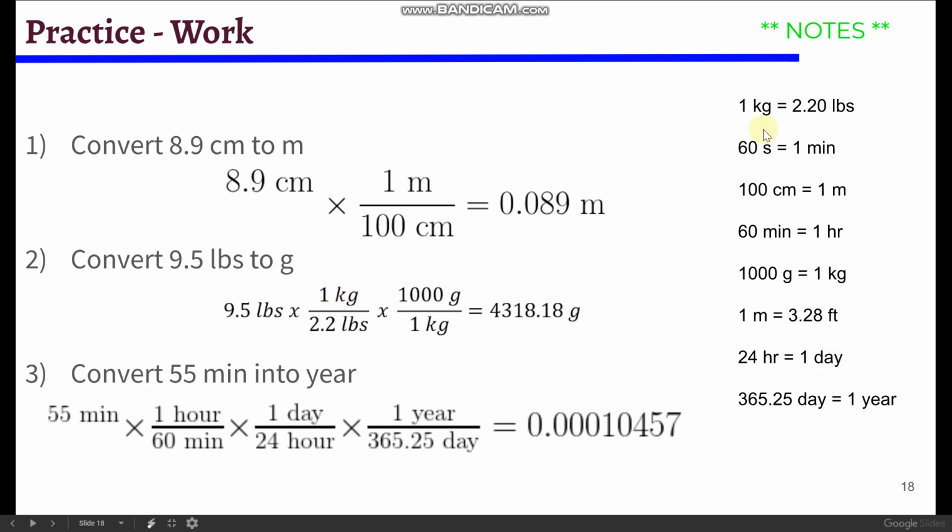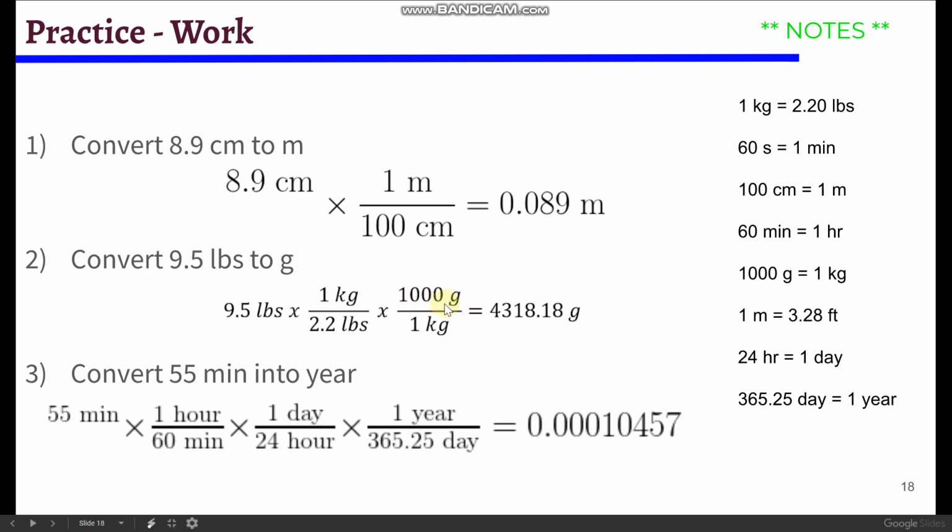So let's take a look and see which units we have kilograms with. Well, we already have this one, but that's the one that we just used, so we can't use that one. So as we look down, this is the only one with kilograms in it. So we're going to put 1 kilogram on bottom, because that kilogram is going to cancel with that kilogram. We'll put 1,000 grams on top.